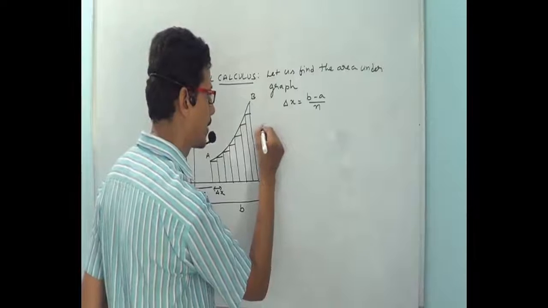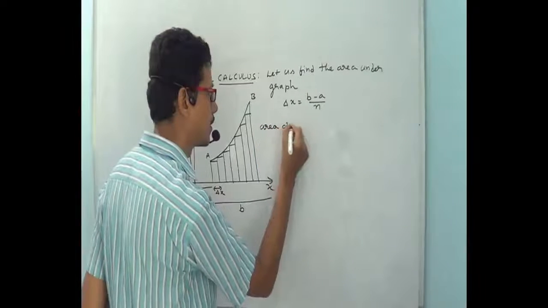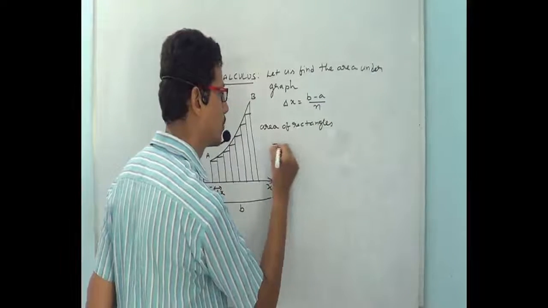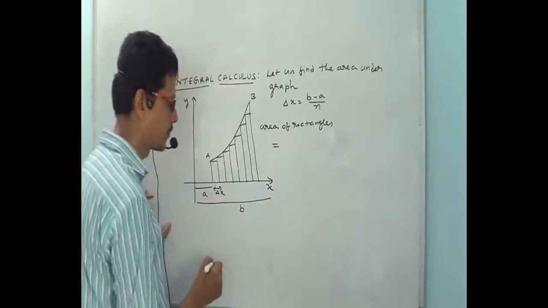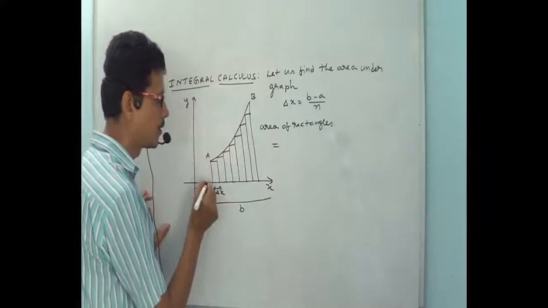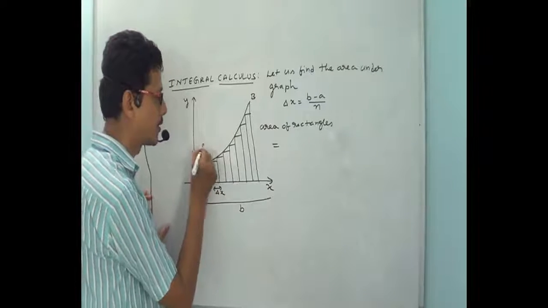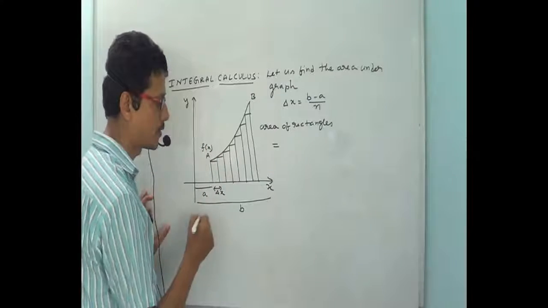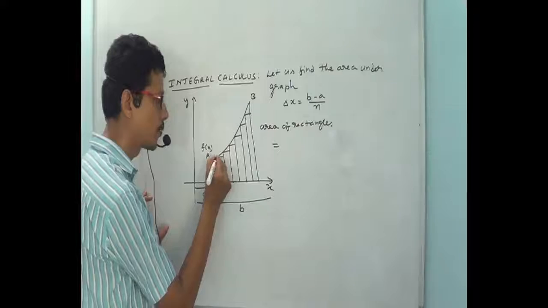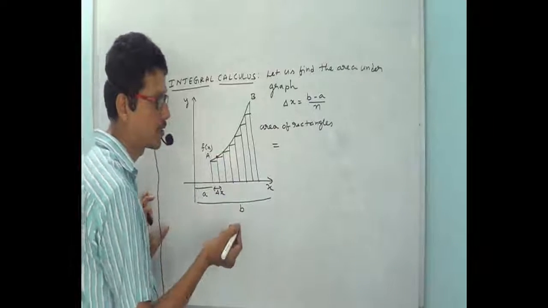So area of rectangles is equal to, let us say this function is f of x here. At A, the function y is f of x. At this point, the function is f of x plus delta x.